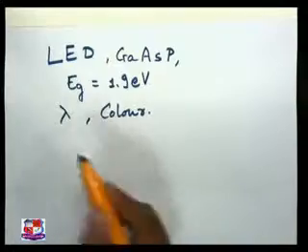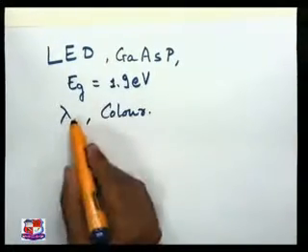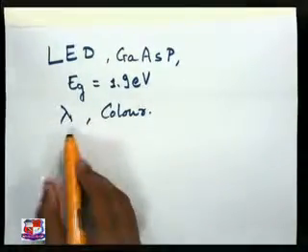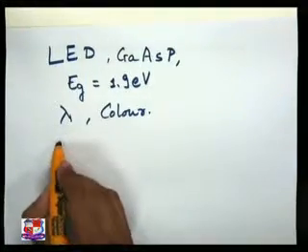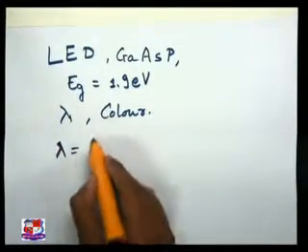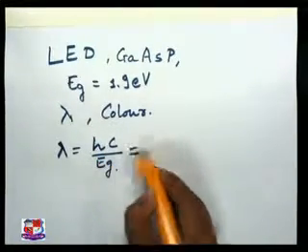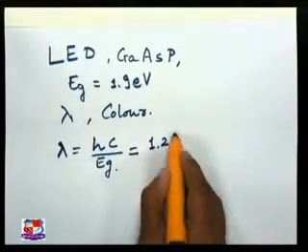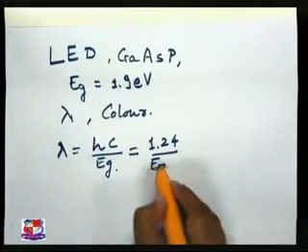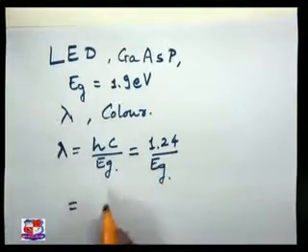Now how can we determine the color? From the wavelength value itself we can determine the color. Now what will be the equation? It will be one and the same, hc upon Eg. If Eg is in electron volt, then we will have 1.24 divided by Eg. What is the answer?